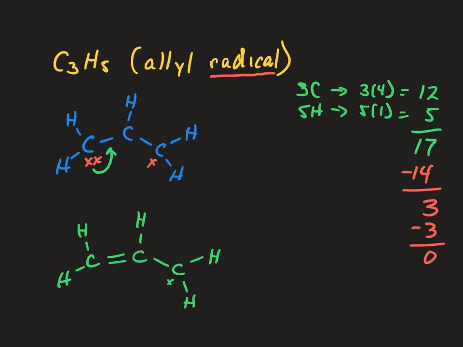If we take this and use a different form of arrow, if one of these electrons moves over here, and note I'm denoting one electron by using half an arrowhead here, so one pi electron moves over, while the other one stays here, and then this one moves in to pair with that, then we get an alternate resonance structure, where now the double bond is here, and that has an unpaired electron.